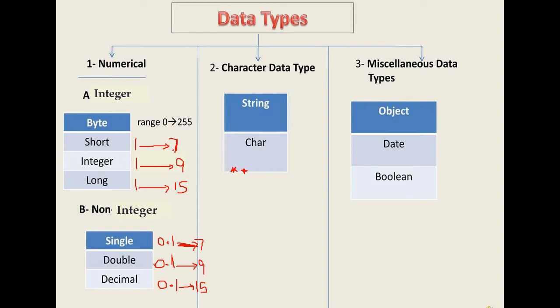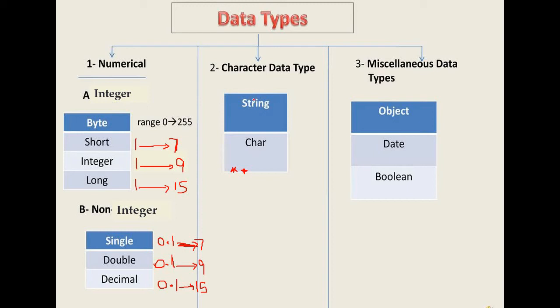The short is till 7 digits. I can enter 1, 2, 3, 4, 5, 6, 7 only. Stop, not more. The same for integer, from 1 digit to 9 digits. Long is till 15 digits. And the non-integer types are the same, but after the dot, which refers to the decimal point in the non-integer numbers.